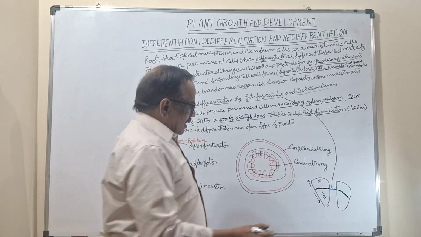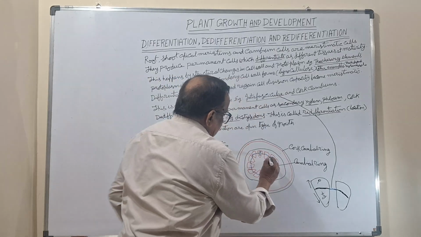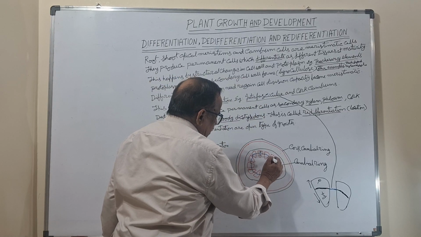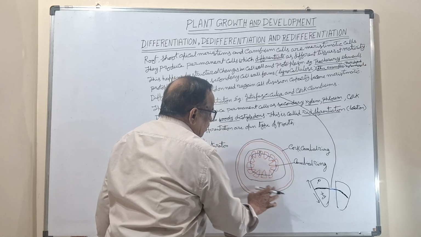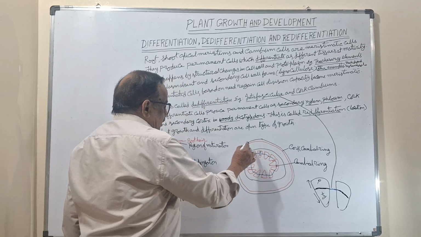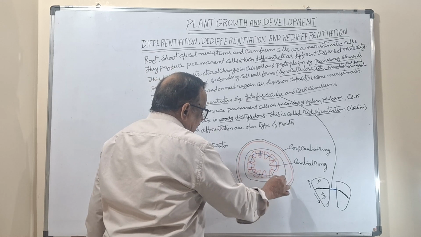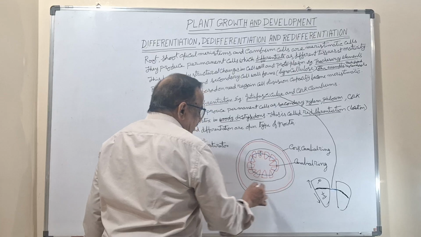Not only in the interfascicular cambium, whenever it is producing phloem towards the outside and xylem towards the inside, it gives pressure on the epidermis. It will be damaged. To protect that, the upper layers of the cortex will be converted into meristematic tissue.